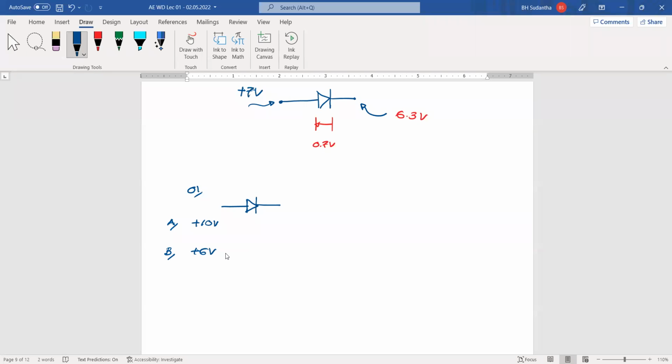What is the other side voltage? And here C, when you apply minus 3 volts, what is this side voltage? D, when you apply plus 1 volt, what is here? And E, when you apply plus 0.9 volts, what is here?